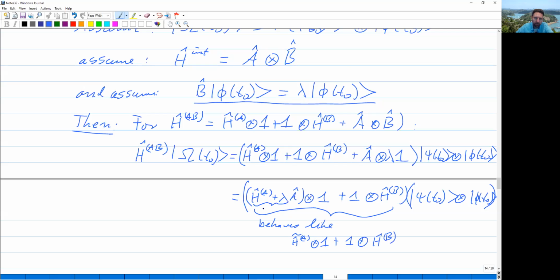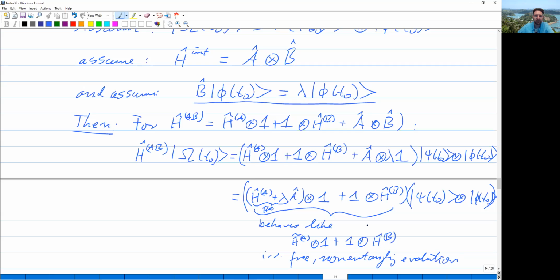This is H tilde hat A, i.e. free evolution, by free I mean non-interacting, and so non-entangling evolution, according to our calculations before, where we didn't have an interaction Hamiltonian, because we just had a free Hamiltonian here, tensor 1 plus 1 tensor free Hamiltonian.